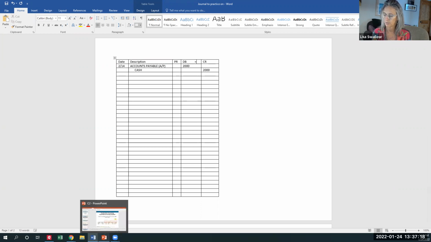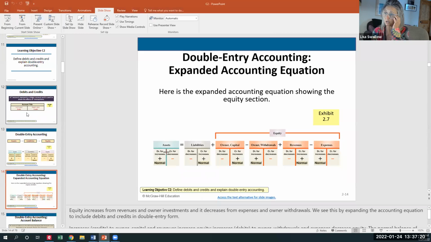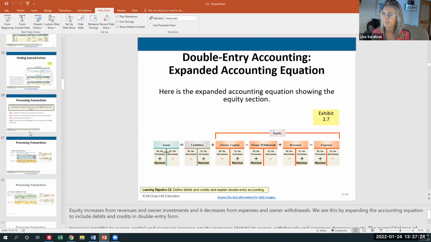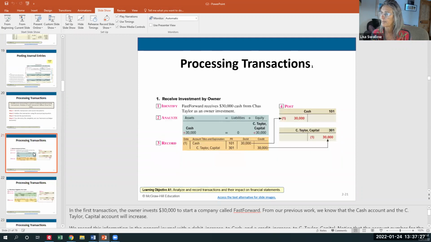Let's try one. We're going to come back to Valdez, but let's go try one of these on the slides. And you're going to put this on your journal. All right, and here's your journal, date, description, posting reference, debit, and credit.